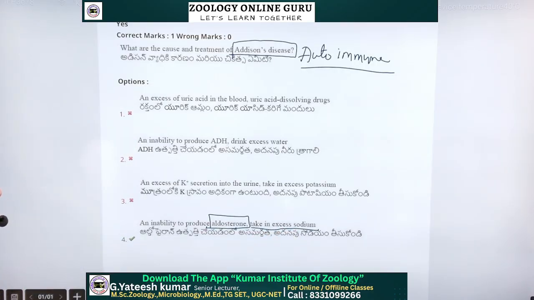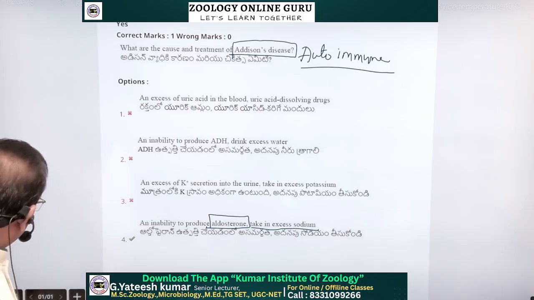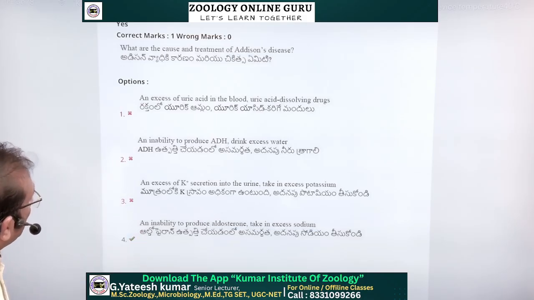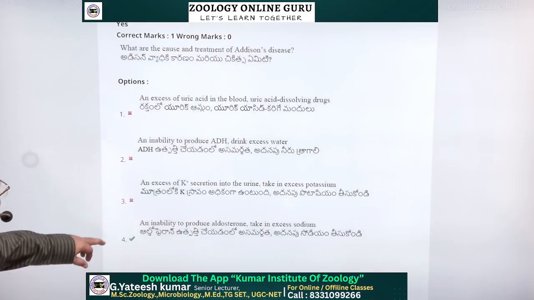So aldosterone production is altered, and to take in excess sodium, that is why it is called Addison's disease. It is an autoimmune disease. If you know about Addison's disease, please comment. So option 4 is the correct answer. An inability to produce aldosterone, taking in excess sodium.